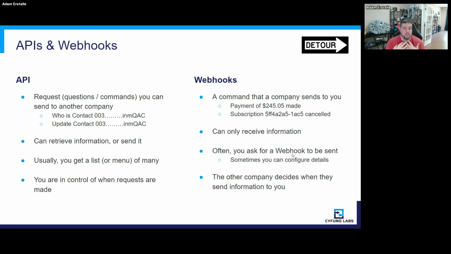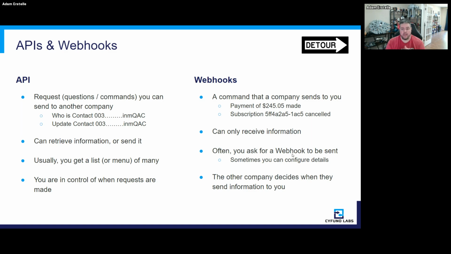But as an example, if I'm using Salesforce's API, whether it's me or code that I wrote or an automation I created, I am choosing to start the conversation by saying, who is contact X? Or I want to update contact X to have some other values. With an API, I am in control of when the communication happens. With APIs, I can just retrieve information. I can also send updates, or create records, or delete records. So it's a little bit more action based.